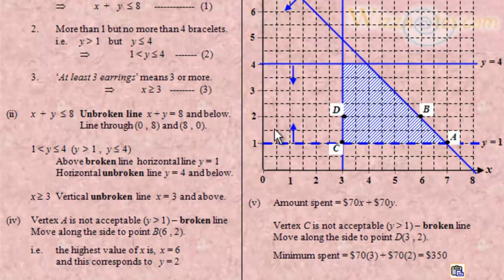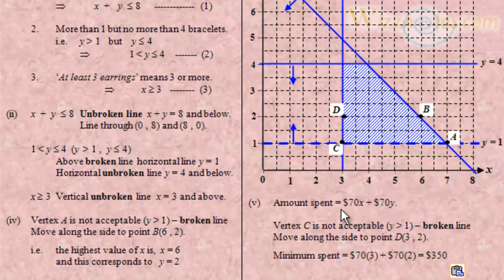We cannot use this point because that is talking about 2.5 bracelets. We cannot have 2.5 bracelets, so we can only have 2. So this is the first valid point. The coordinates of point D are (3, 2), and therefore the minimum amount is spent when x is 3 and y is 2.